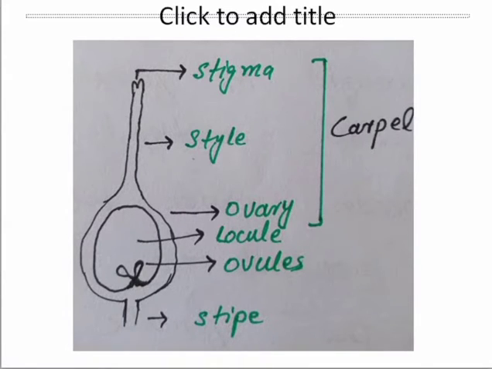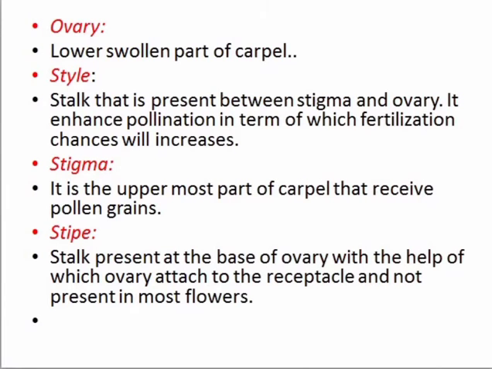This is the very first organ of the female reproductive part on which pollen grains come, and because of the sticky nature of the stigma they are caged in this sticky material. So this is a crucial structure in the female reproductive part.